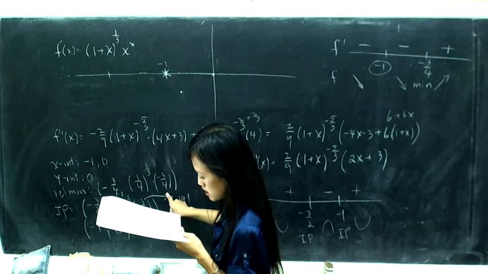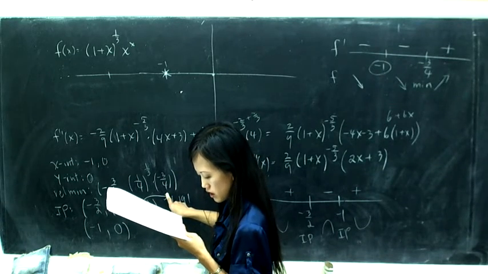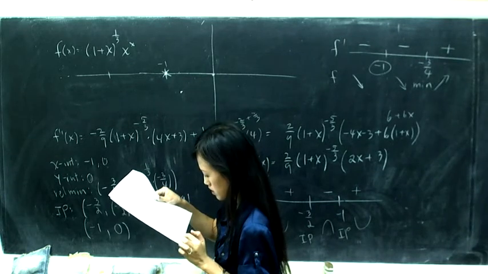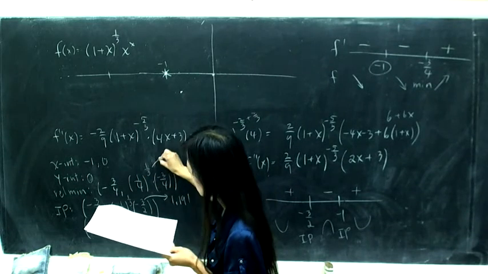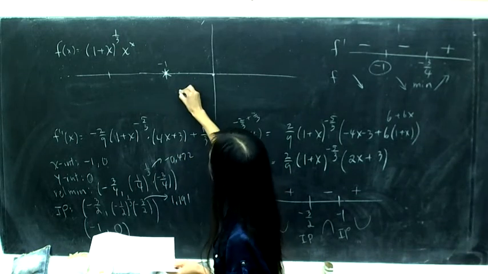This one, minimum, is a negative 1. What is that? Negative 1. I didn't sub this one. Negative 3/4. Negative, so this is 0.472, right?